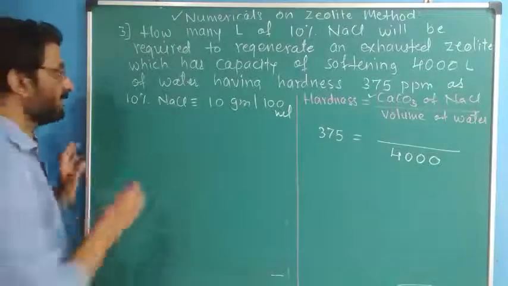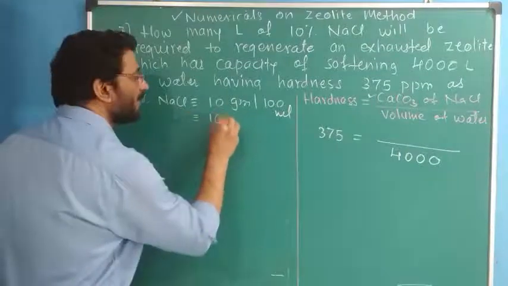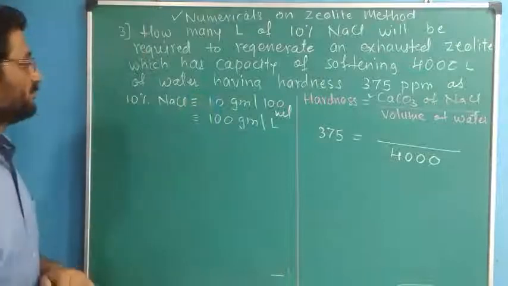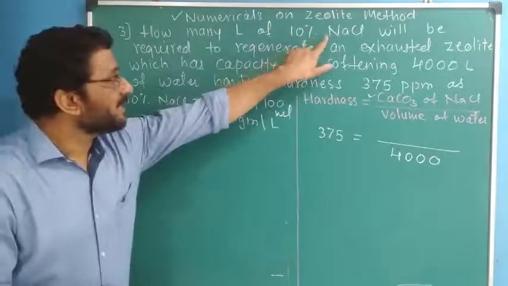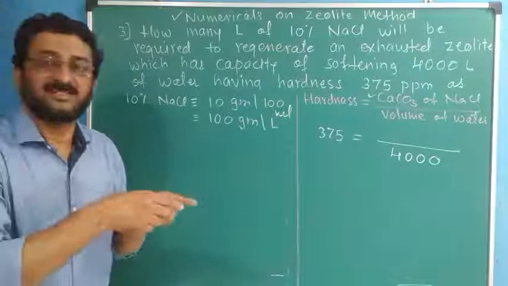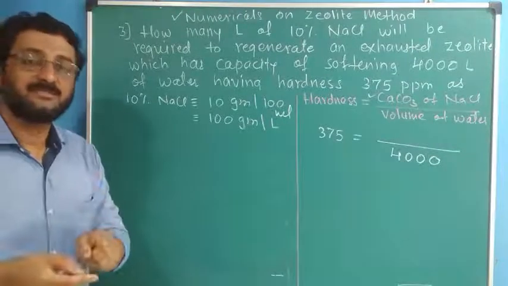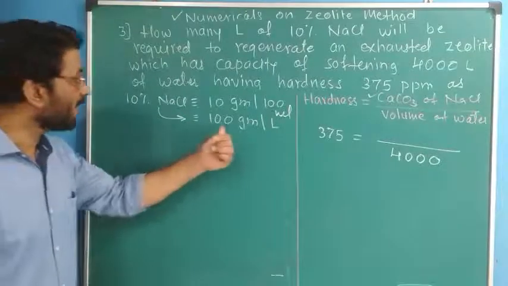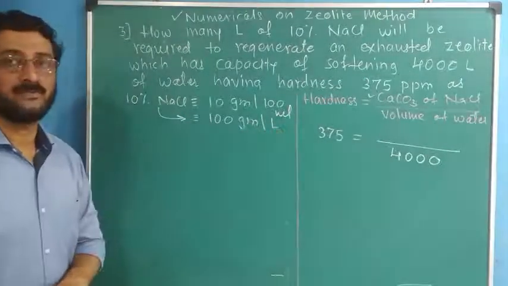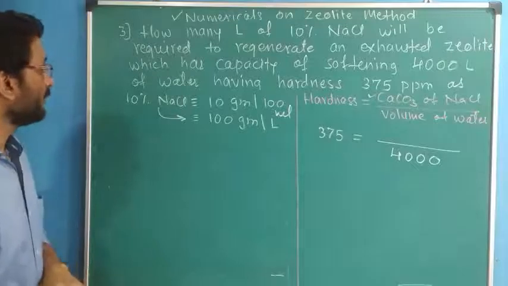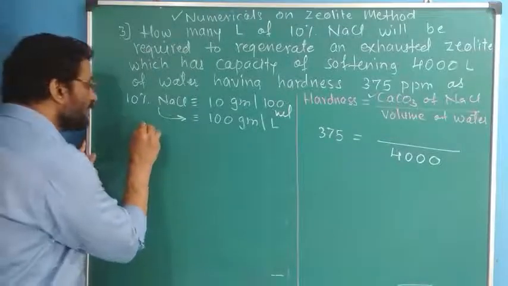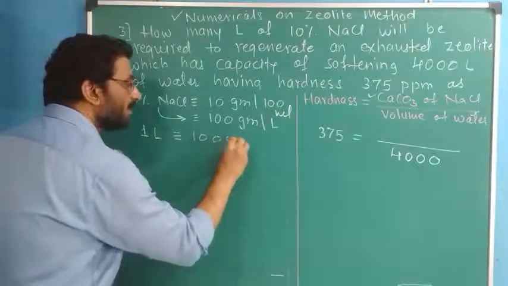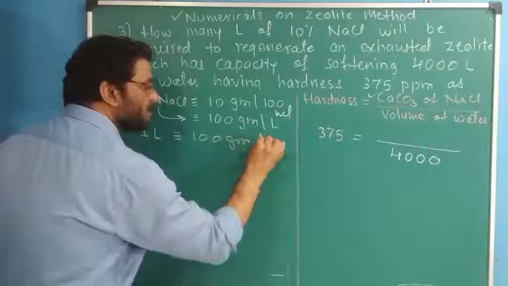Percent means out of 100. So it will be 100 grams of NaCl per liter of its solution. If I am saying 10% NaCl, it means such NaCl containing 100 gram per liter. So we'll write 1 liter of NaCl corresponds to 100 gram of NaCl.